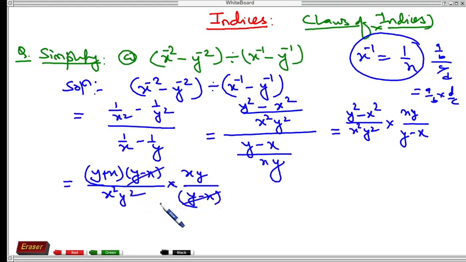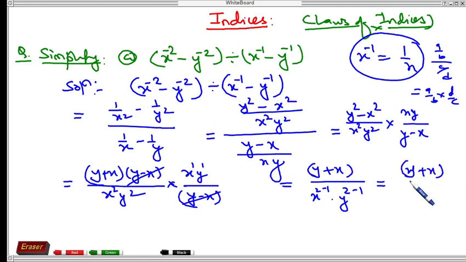Then this can be cancelled, and using laws of indices, y plus x over x to the power 2 minus 1, y to the power 2 minus 1. It means it has power 1. Here also we can make it power 0 and we can make it 1, but that is optional. Then y plus x over x to the power 2 minus 1 is x, and y to the power 2 minus 1 is y.